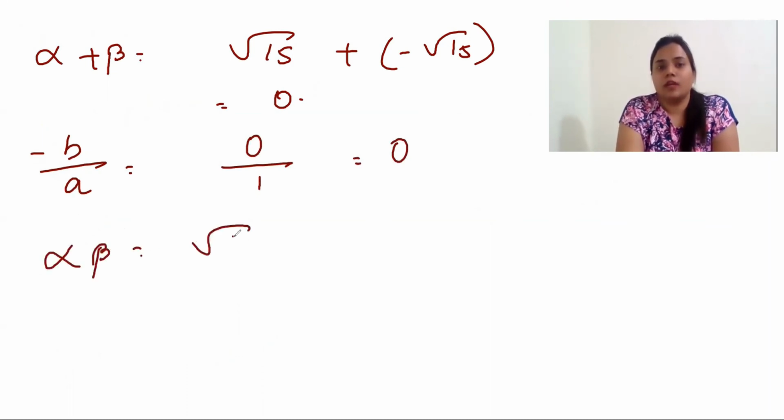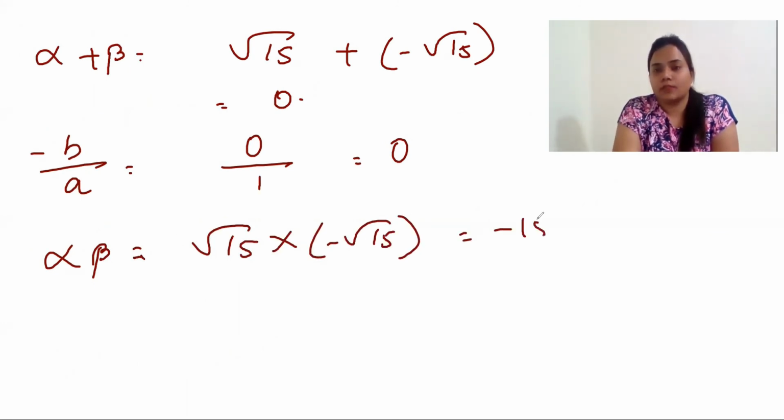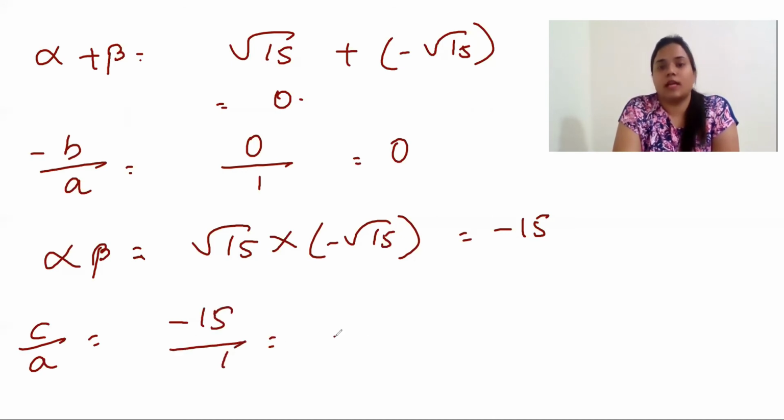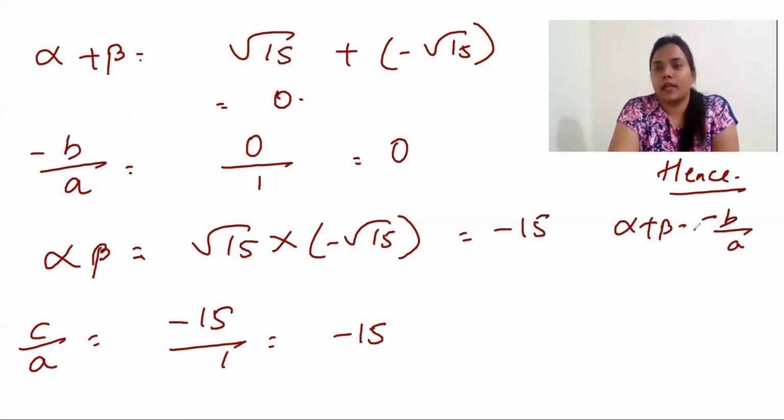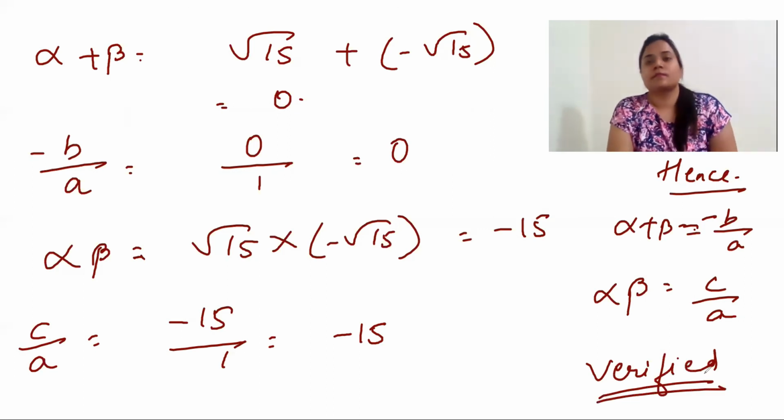Alpha into beta will be root 15 into minus root 15, that will be equal to minus 15, and c by a will be equal to minus 15 upon 1, that is minus 15. Hence, alpha plus beta is equal to minus b by a and alpha beta is equal to c by a. Clear? It's very easy. Any term is missing, we write that as 0.